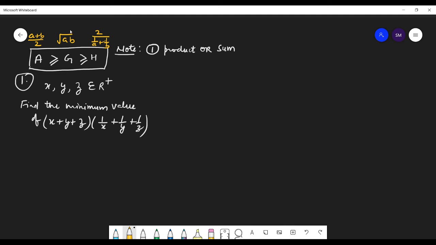So if product is involved, if sum is involved, along with maximum value you are supposed to find, or minimum value you are supposed to find, or inequality is there, if these two things are there, it means there is very high chance that you are going to use this inequality. Okay?